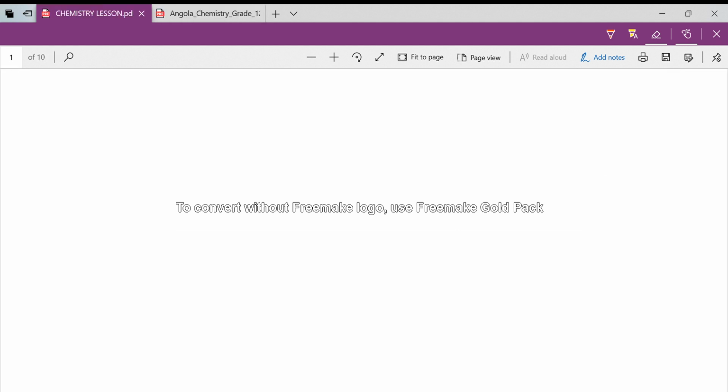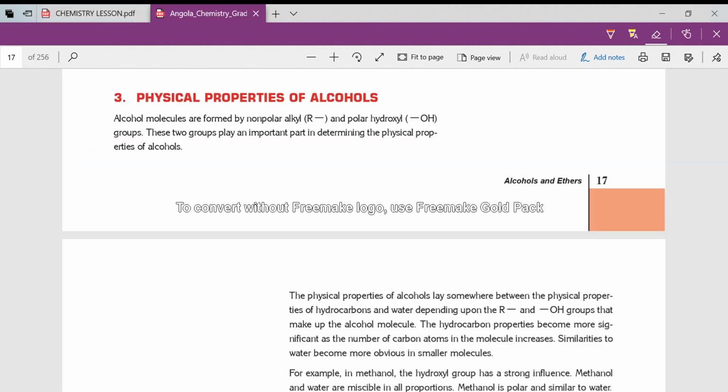As we said, we have the R group and the OH group. The R group is non-polar, and the OH group is polar.